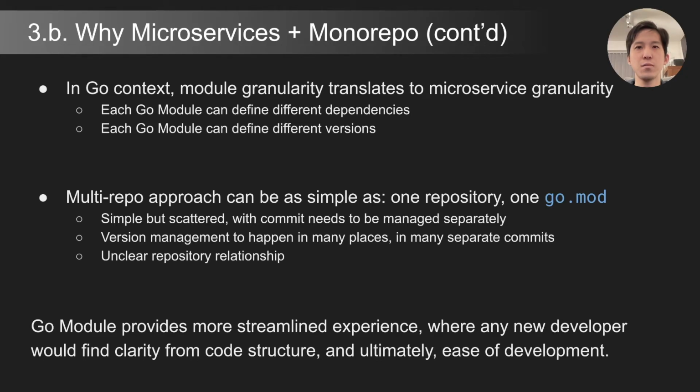Also, understanding the dependency for each module will be a challenge, as you need to check each and every repository. Go modules can make your life easier when used for microservices and monorepo, as a new developer would find in the single repository a clear code structure and dependency, and ultimately ease of development.